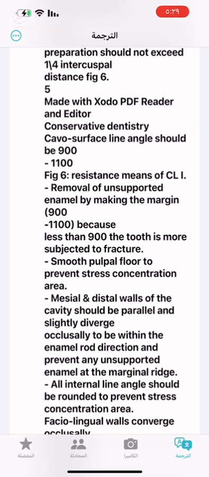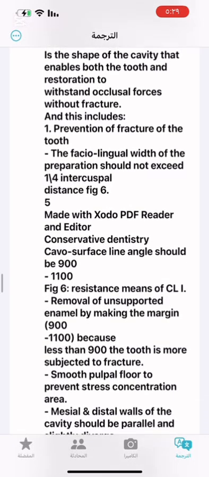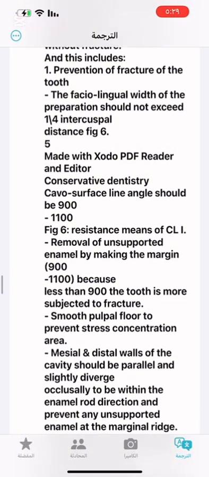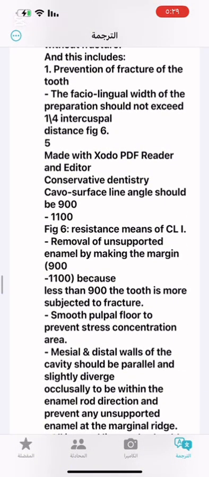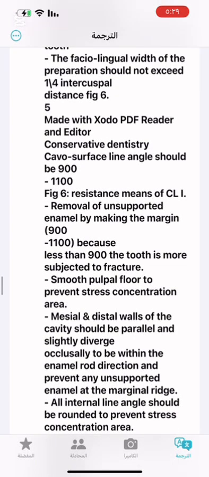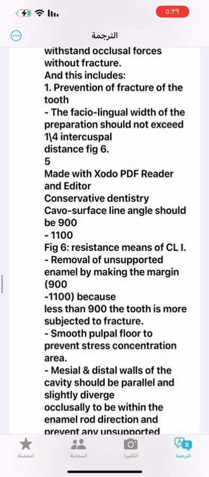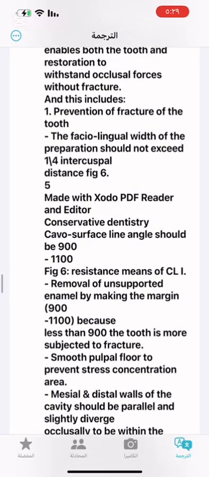Margins should be placed on sound tooth structures, in Class I occlusal fissures, and at least those in the developmental grooves have been included in the preparation even when caries has not extended throughout.